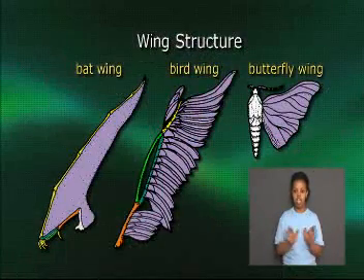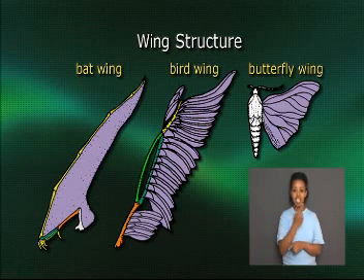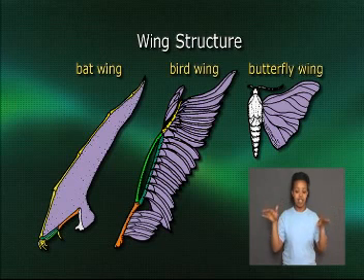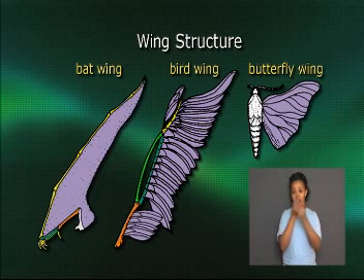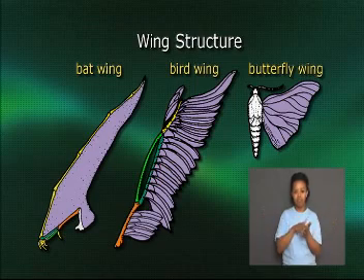The anatomy of the wing in each species is different. The bird's wing has bones, and it is covered with feathers, while the butterfly has neither of these. And the bones in bat wings are flexible and covered in an elastic-like skin.